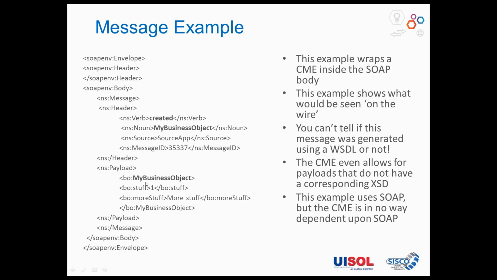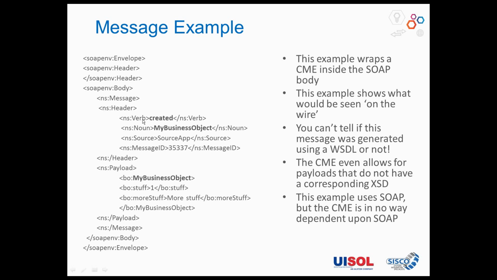The payload itself is going to have all different kinds of information. So if this is a meter readings message, this might have the meter ID in it, and it might have the reading type. It may have the actual reading value of that meter readings message. So that's how that would work.